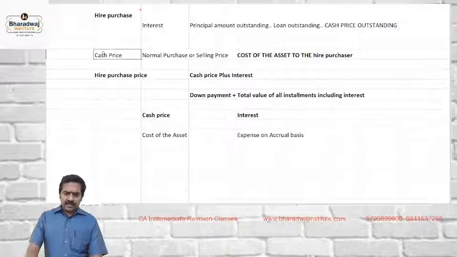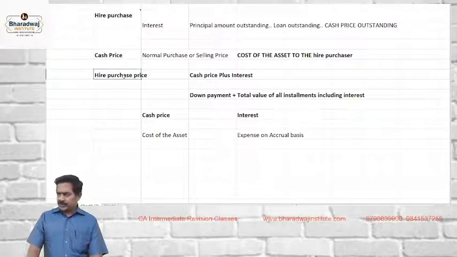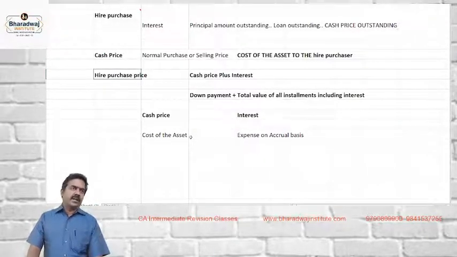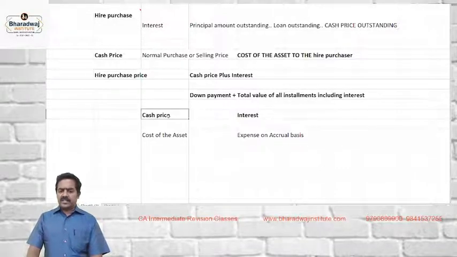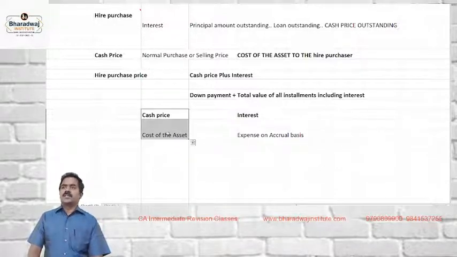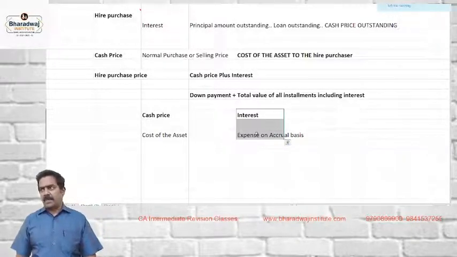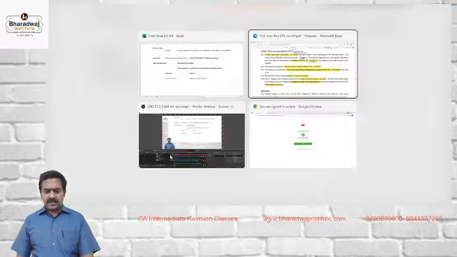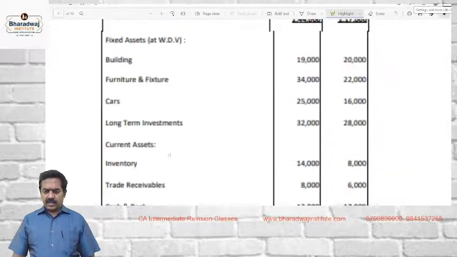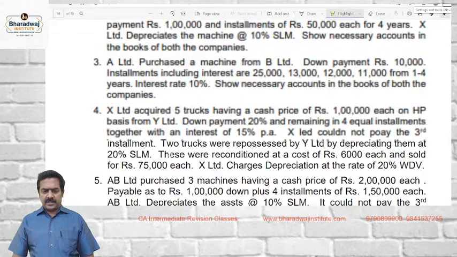Do you understand? Hire purchase price includes interest. While recording the asset, ensure that only cash price is recorded, excluding interest. Interest should be recognized as an expense on accrual basis.